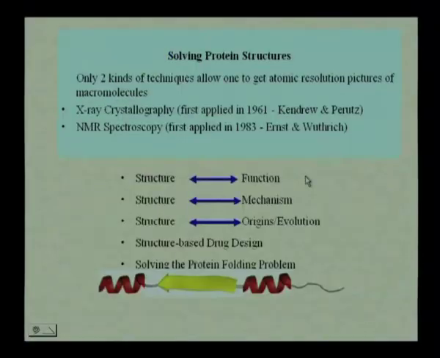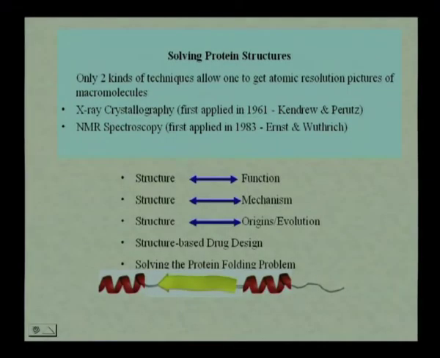But for now we are going to understand more of how we can actually get to solving protein structures, because now we know that we have this amino acid sequence, we know that we can get a secondary structure out of it, from that we can get a tertiary structure, finally to a quaternary structure. Fine.